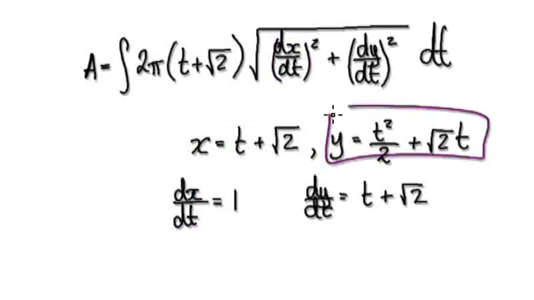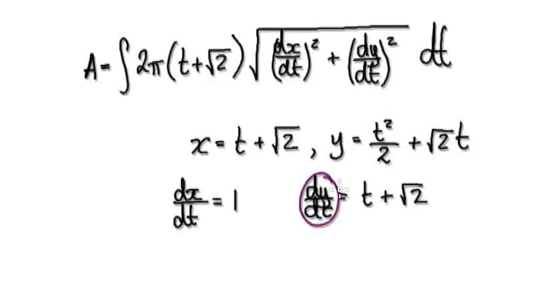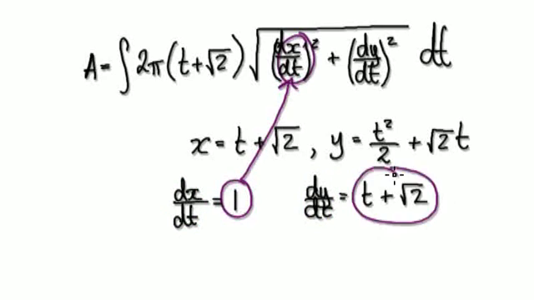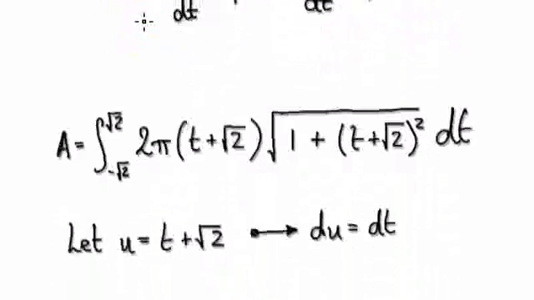Differentiating this gives t, and differentiating this gives root 2. So now we know dy by dt and dx by dt. Put this into here, and then this into here. Don't forget, we've got to square it, so this whole thing will then become this.